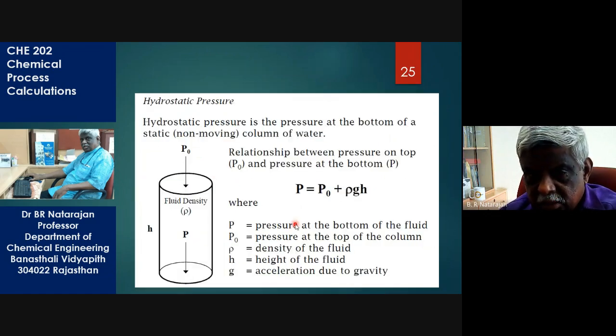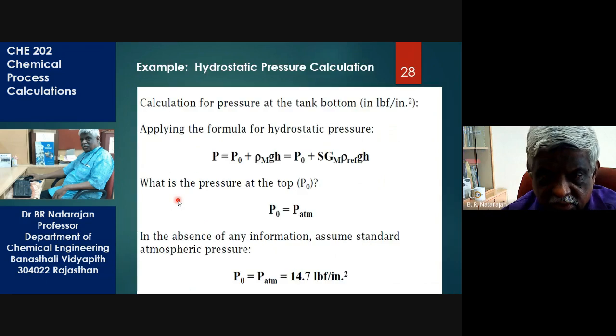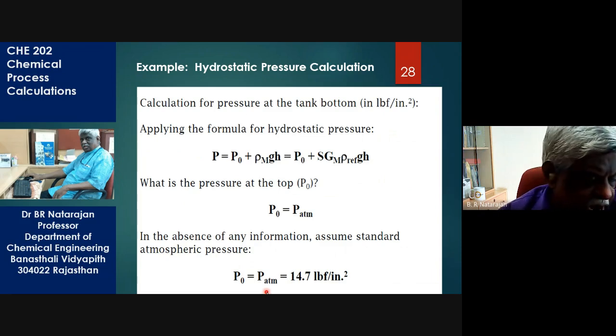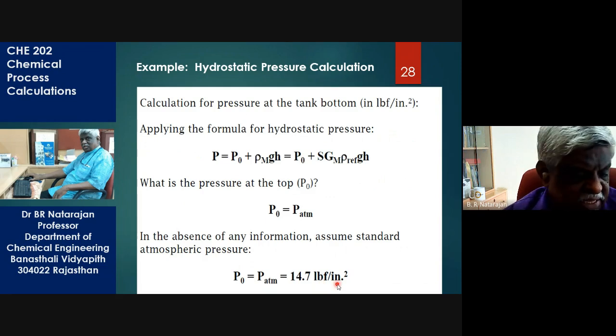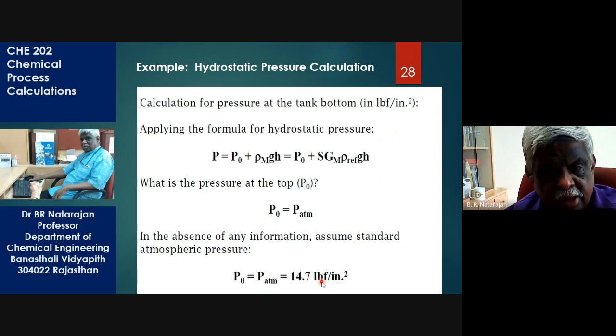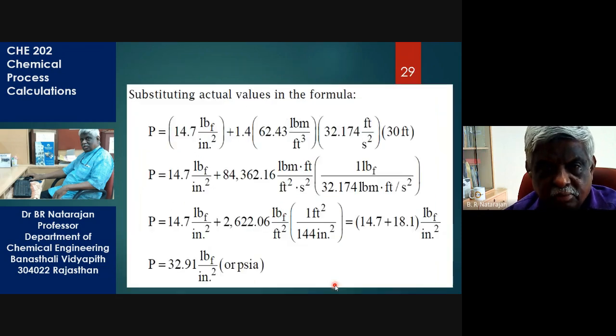Remember this. At top, the pressure is going to be the atmospheric pressure. Assume standard atmospheric pressure, and standard atmospheric pressure is 14.7 pound force per inch square, right? PSI, that's what we saw, 14.7. That was the value for 1 atmosphere, 14.7 pound force per inch square.